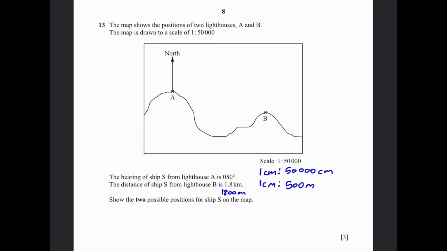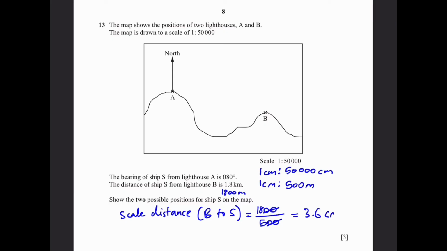So the scale distance of B to S, so distance from lighthouse B to ship S, which is somewhere in this place there, that'll be 1,800 divided by 500. Cancel out both the zeros here, and we get the answer as 3.6.